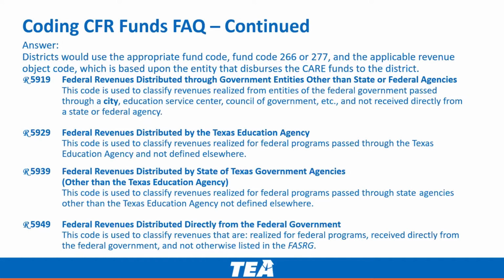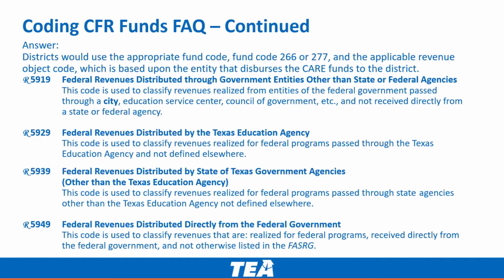So 5919, if you did get some kind of match from your city or county, then that's where you would record those funds, is the 5919. Of course, you're all familiar with 5929. 5939, if you received funds from another state agency, then you would record the revenue there.